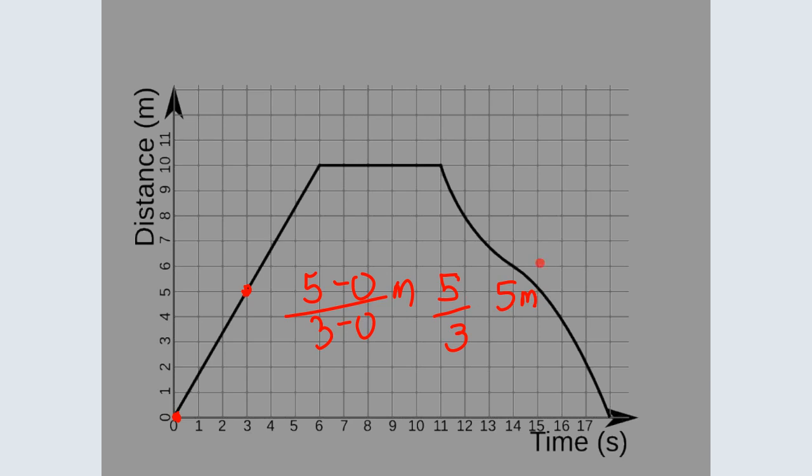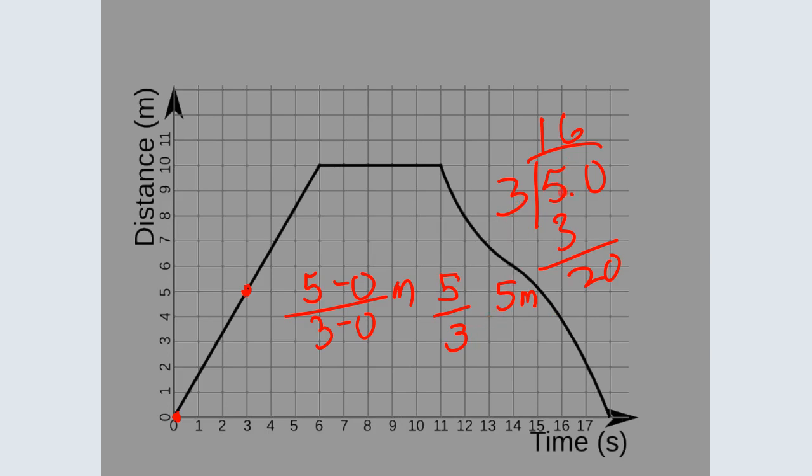Now, if we would want to divide this, in this particular case, we want to make it so it's in per second.